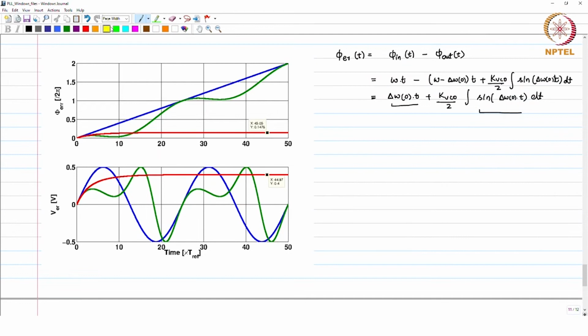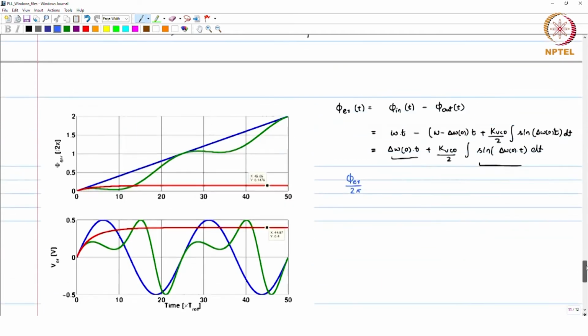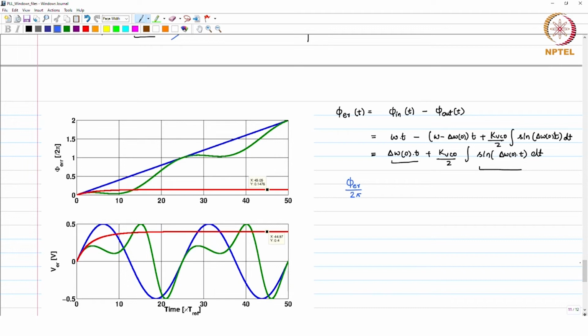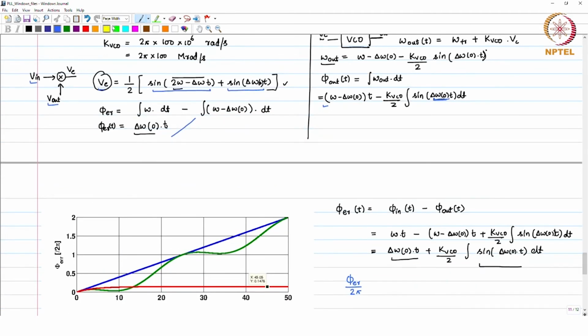So, what I do here is I plot phase error by 2 pi. I plot here phase error at any given time divided by 2 pi for different cases, and I also plot V error and other voltages. So, let us look one by one. In this case, the phase error increases linearly with time, which is delta omega 0.